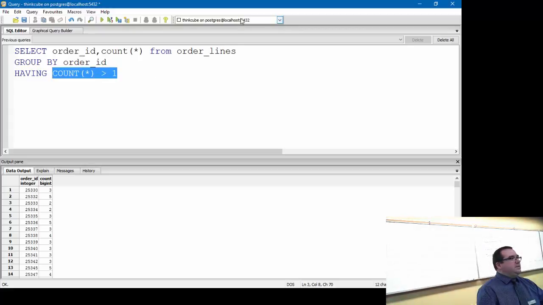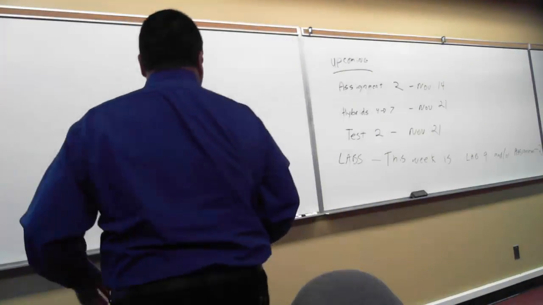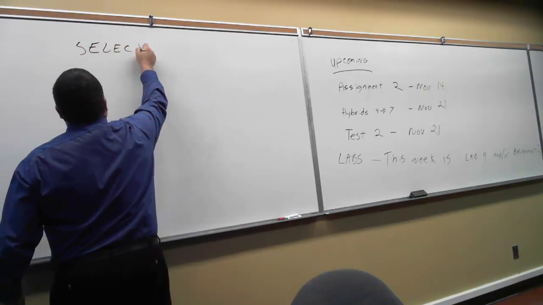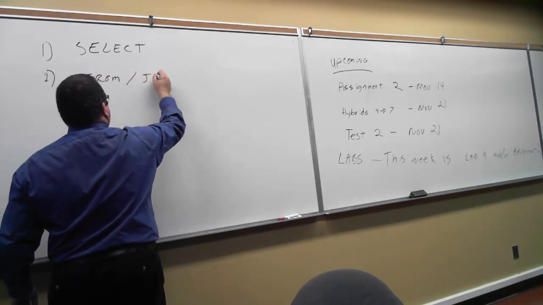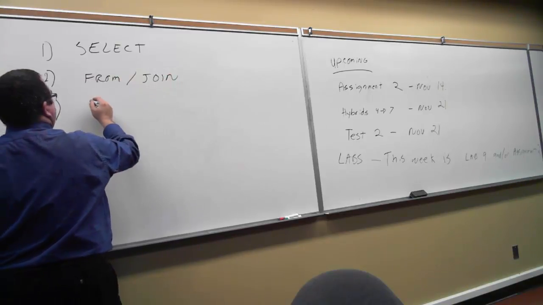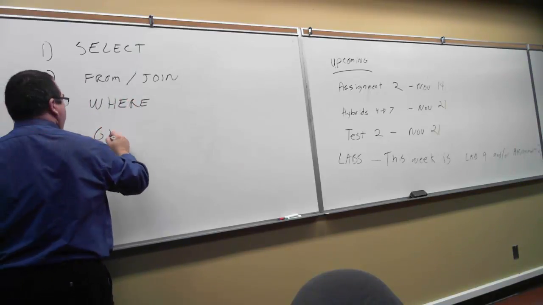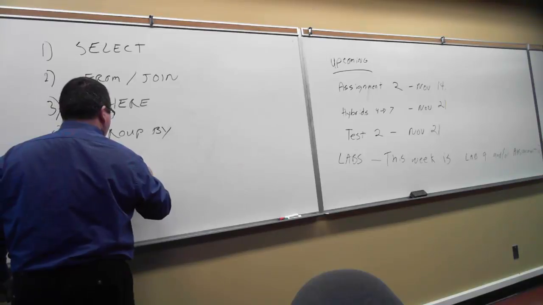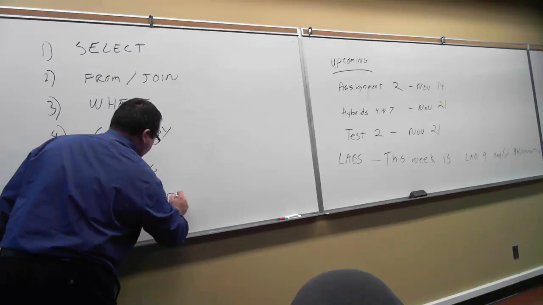It is the last thing to be processed. So when you think about the order of operations, or the order of the language, it always processes the SELECT first, then it processes the FROM / JOIN, then it processes the WHERE, then it processes the GROUP BY, then it processes HAVING, and then if you've got an ORDER BY, that goes last.